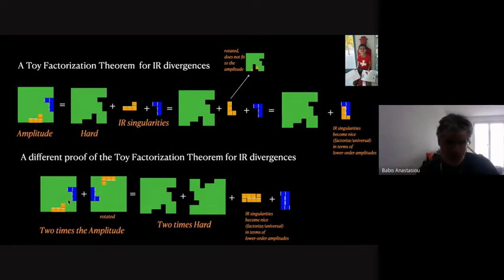And if you calculate twice the volume, it doesn't matter. You remember it and you divide at the end. But what you achieve here is that the integrand of this plus the integrand of this combine nicely. I see. And when you subtract the divergences, they are already in the form of lower order amplitudes. And this I will try to show a little bit better with physics examples and Feynman diagrams at the end.